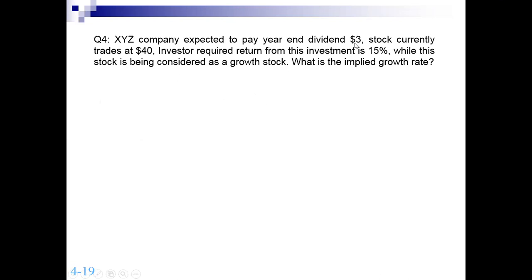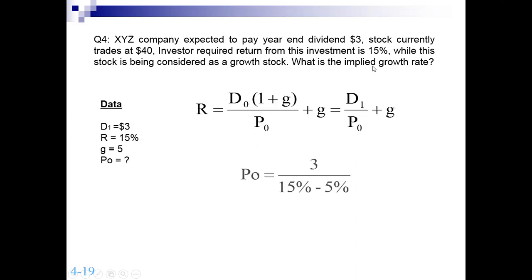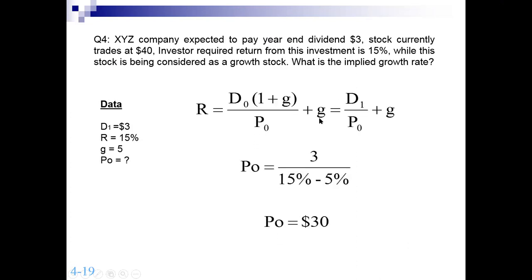Year-end dividend of 3, stock currently trading at 40. Now look, the company is expected to pay a year-end dividend of 3, so this dividend is coming here.